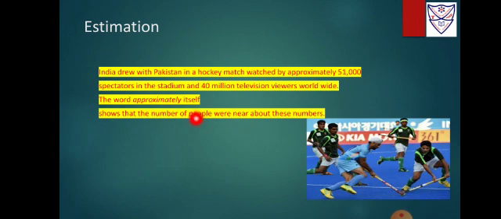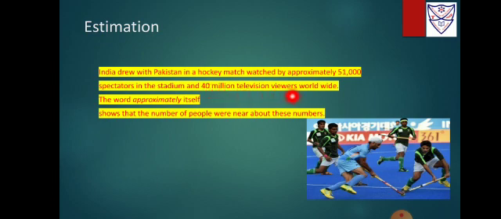India drew with Pakistan in a hockey match watched by approximately 51,000 spectators in the stadium and 40 million television viewers worldwide. So here, students, this is a picture of the India-Pakistan hockey match. Here it is said that it was watched by approximately 51,000 spectators and approximately 40 million television viewers.